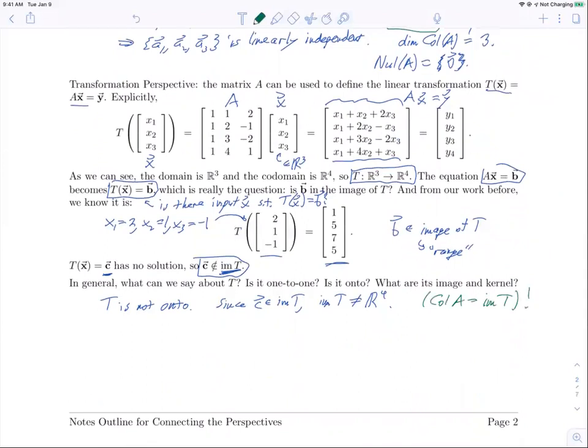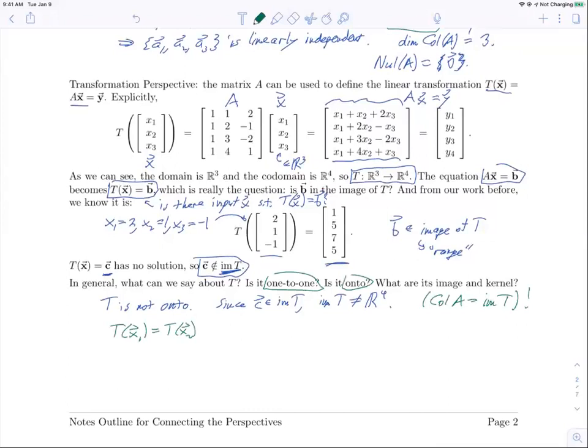So that answers onto. Is it 1-to-1? Well, 1-to-1, you'll remember, had to do with saying, what if we had two different vector inputs that gave the same output, right?